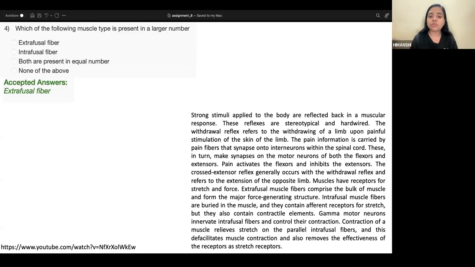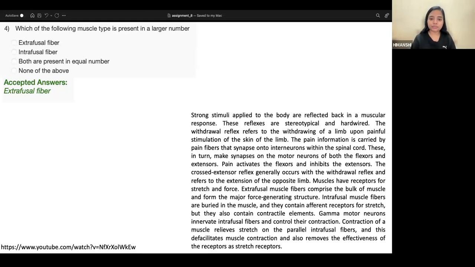A strong stimulus applied to the body is reflected back in a muscular response, correct? These reflexes are stereotypical and hardwired. The withdrawal reflex refers to the withdrawing of a limb upon painful stimulation of the skin of the limb. The pain information is carried by the pain fibers that synapse onto interneurons within the spinal cord.